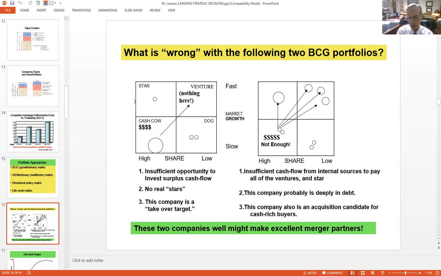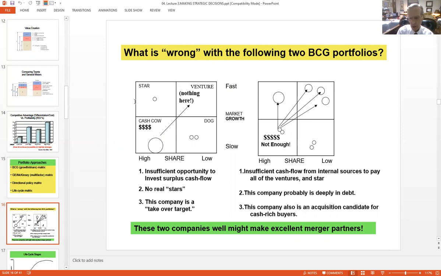You can see that on the x-axis, it doesn't go from left to right, it goes from right to left. So the high share is on the left. And it contrasts market share with the growth rate of the market that the product or the business is in.